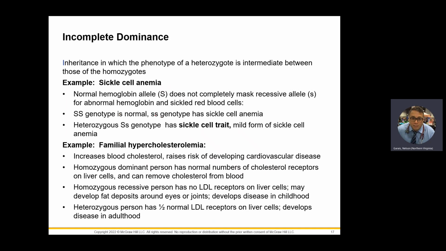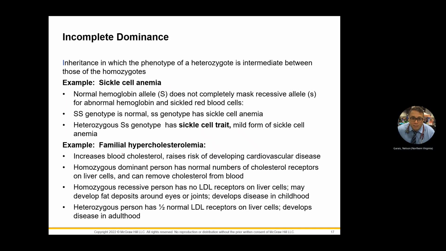But it is the homozygous recessive genotype that will have sickle cell anemia. That person will have severe symptomology. But the heterozygous, which will typically be a carrier, has sickle cell trait. They have a mild form of sickle cell anemia.